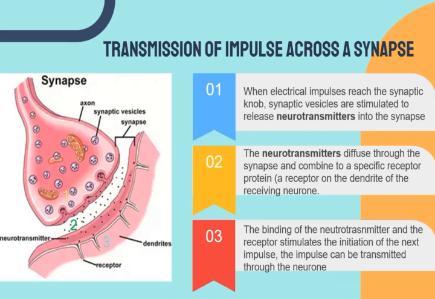Make sure you know how the impulse is transmitted across a synapse. Please do your revision, please do your notes. Make sure you know and understand all of the learning standards that we learned for today.